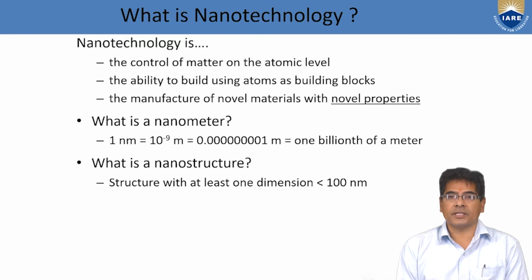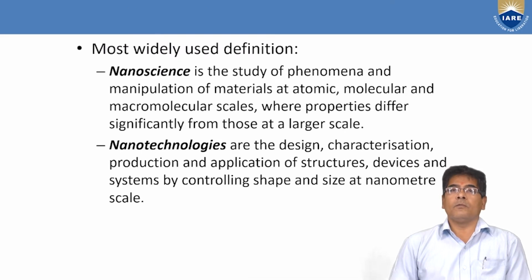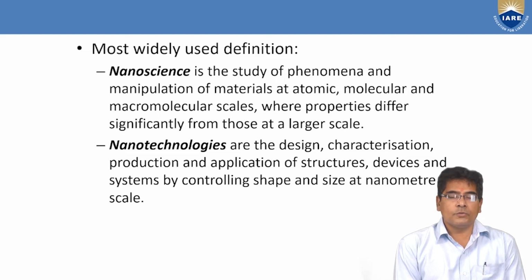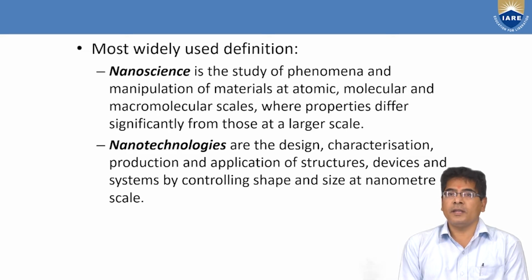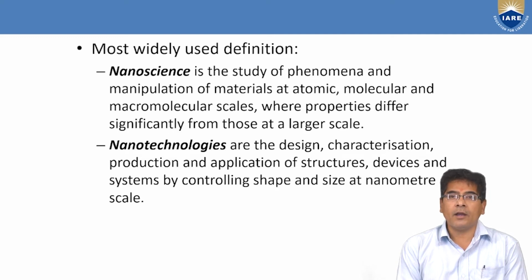So what is a nanostructure? A structure with at least one dimension less than 100 nanometers is what we call a nanostructure. The most commonly used definition is that nanoscience is the study of the phenomena and manipulation of materials at atomic, molecular and macromolecular scales, where properties differ significantly from those at larger scales.